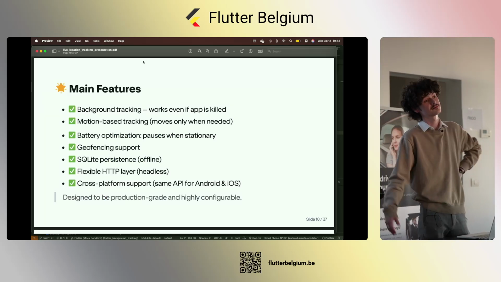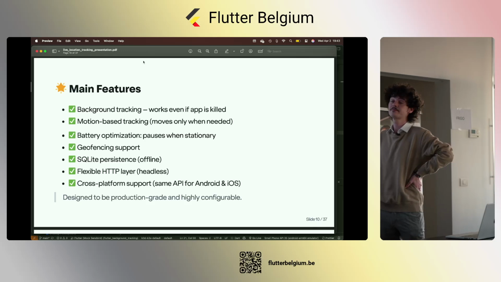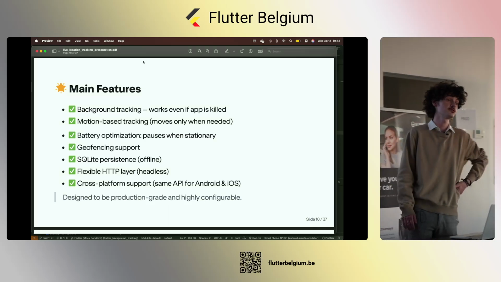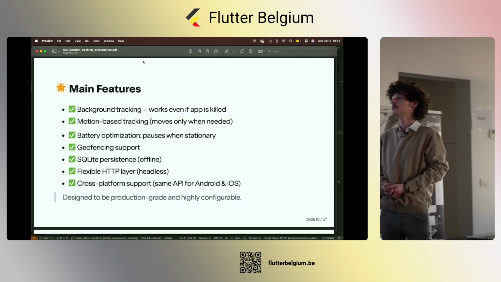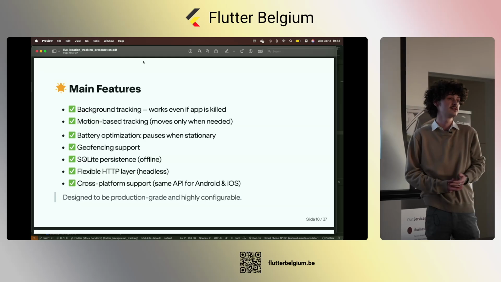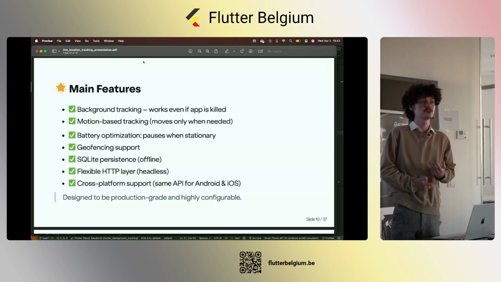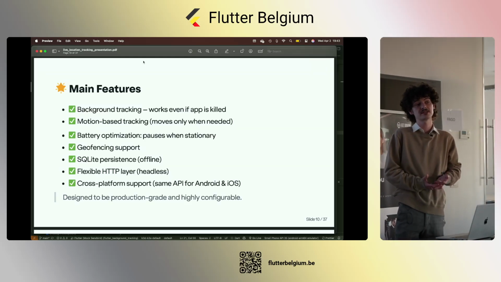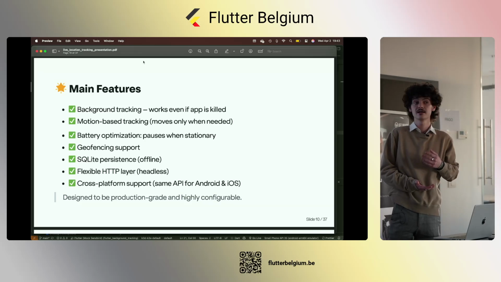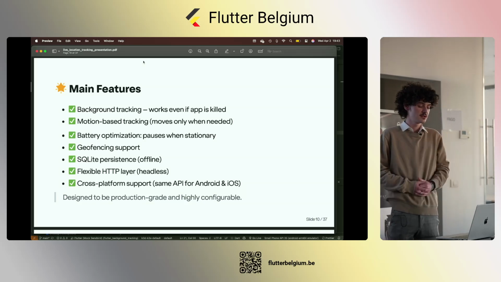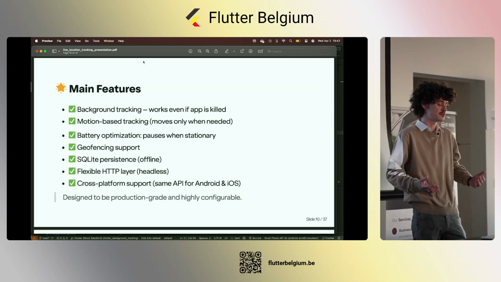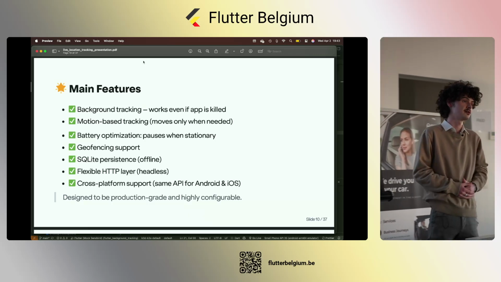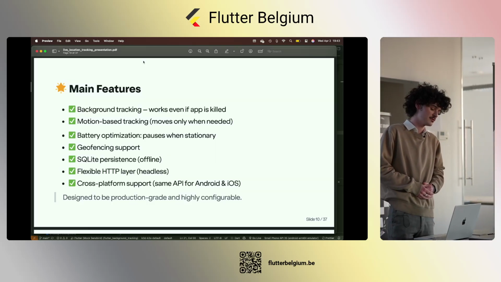The main features, of course, are background tracking, but the package does not only track the location, it also tracks your motion. That way, it only sends location updates when the package senses that the device is on the move. That's also a feature of the package, battery optimization, so you don't have that large of a battery drain.